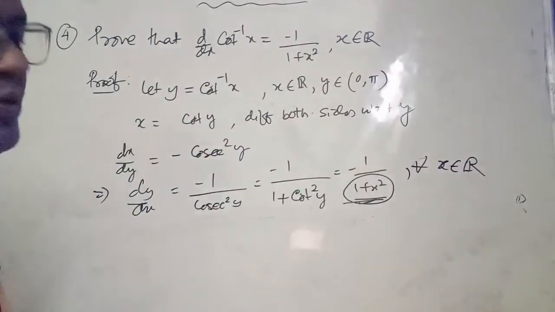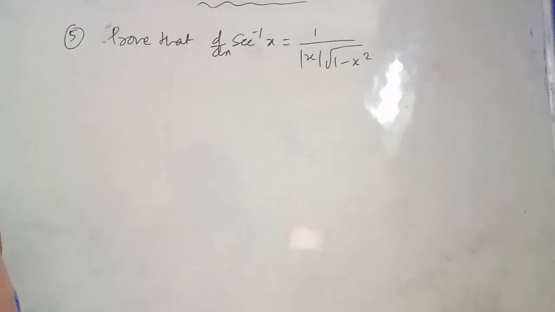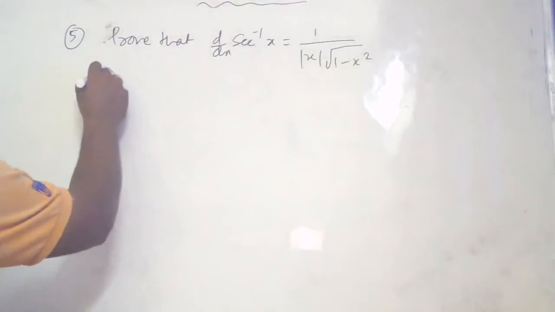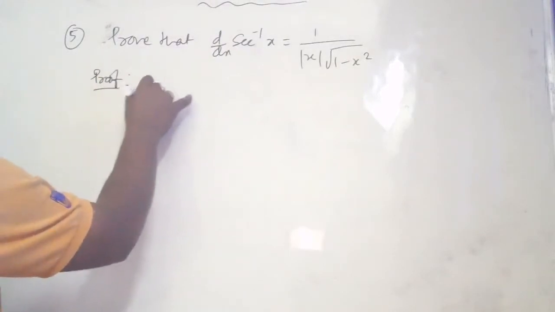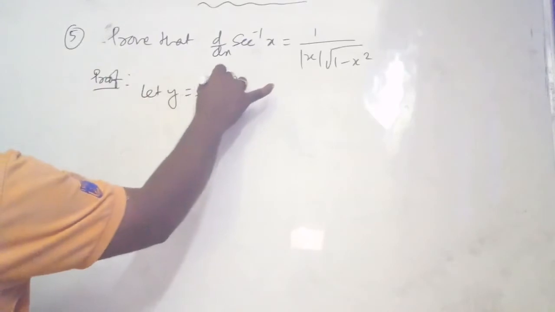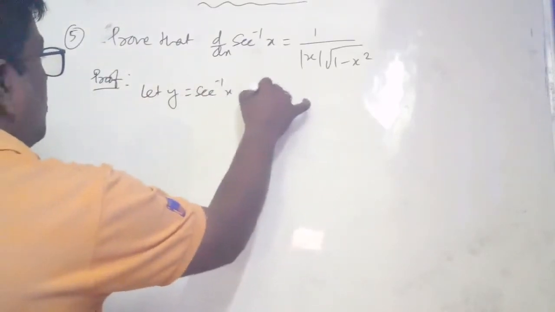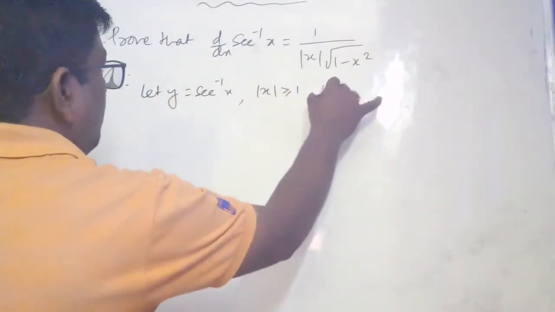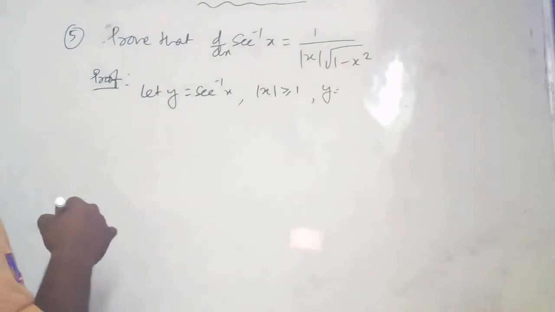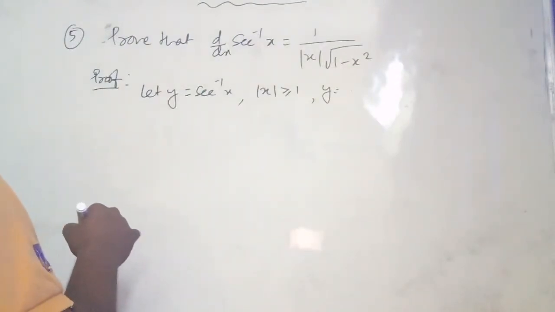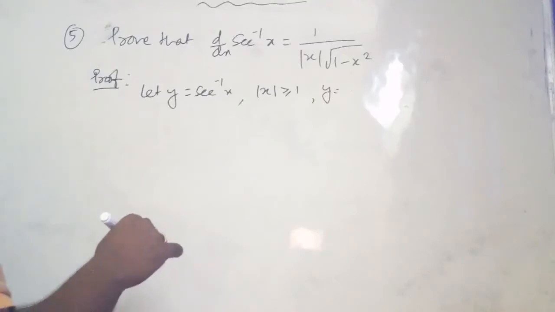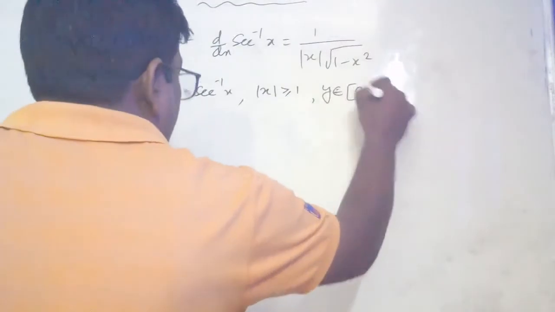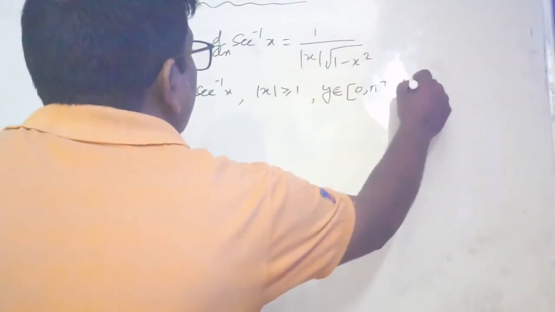Now another proof, derivative of sec inverse x. Prove that derivative of sec inverse x is equal to 1 by mod x into root over x square minus 1. Proof. Let y is equal to sec inverse x, where mod x is greater than or equal to 1, and y belongs to 0 comma pi minus pi by 2.